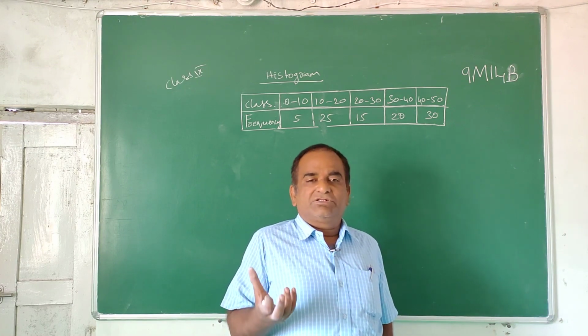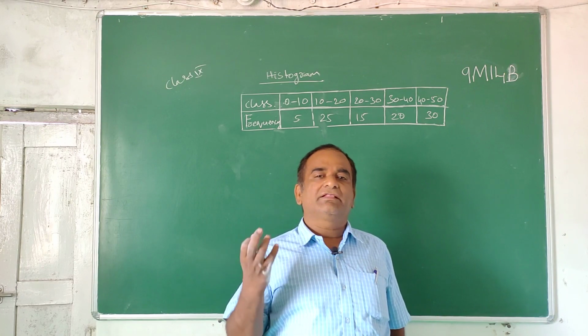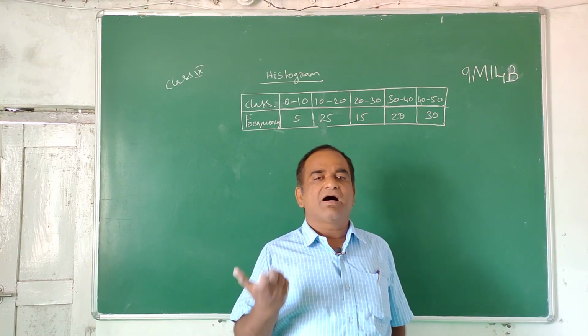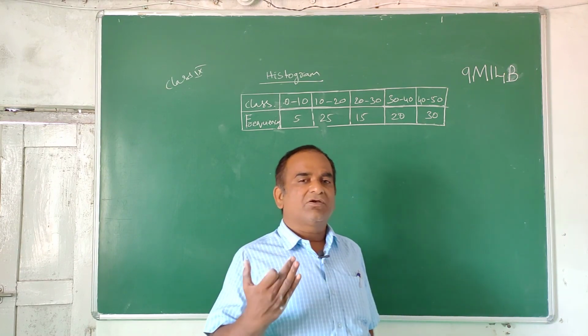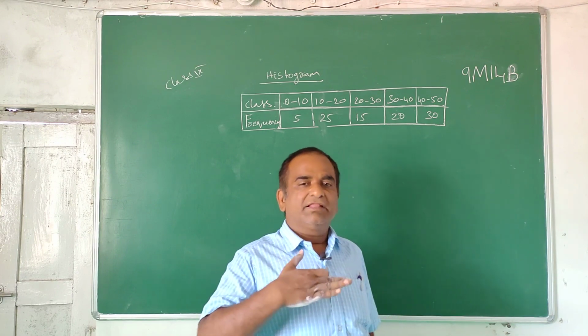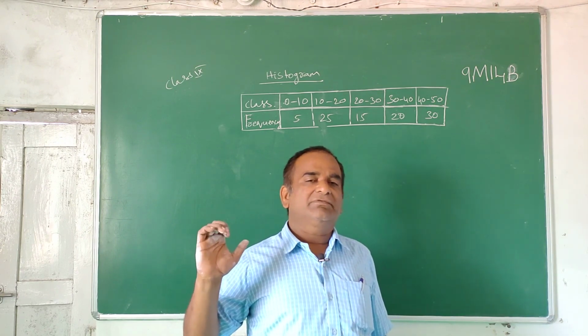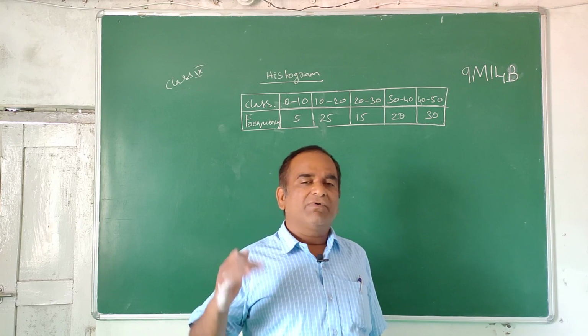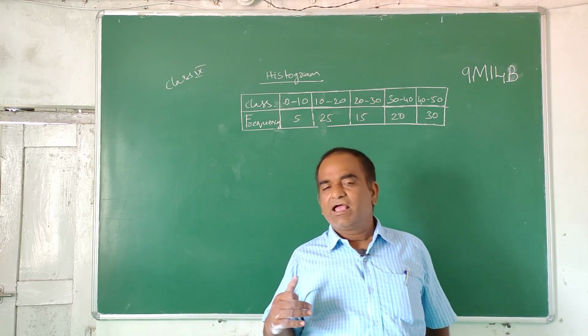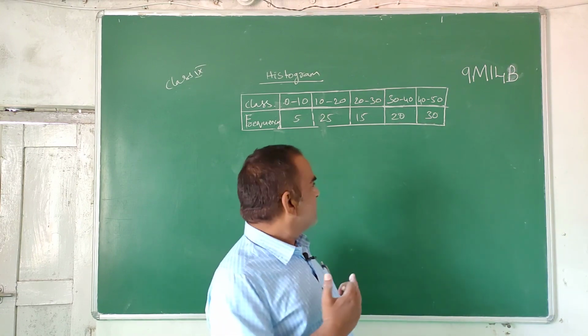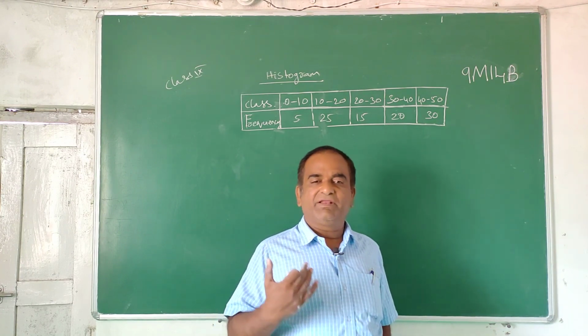In that, on the x-axis we take classes, and on the y-axis we take the number of observations, that is frequency.